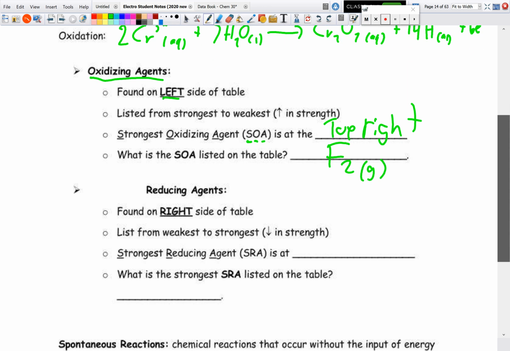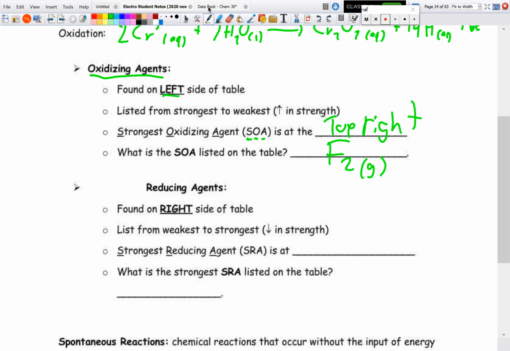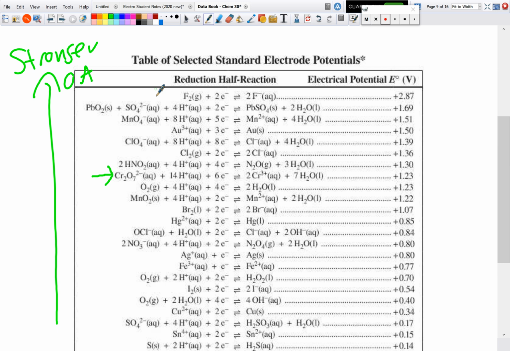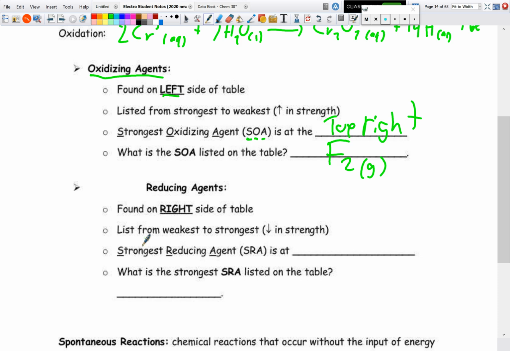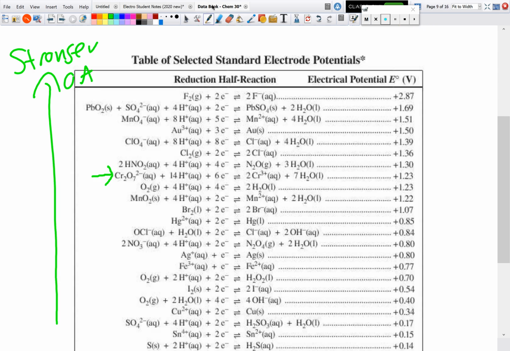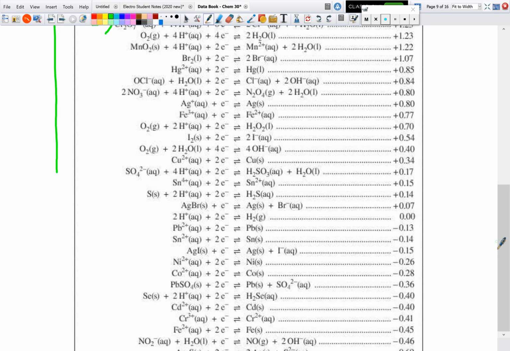Now, our reducing agents, because if we read them in reverse, these are all oxidation half reactions. So on this side right here, our right-hand side, these are all of our reducing agents, and they are listed from weakest to strongest. So as we go down, they get stronger.